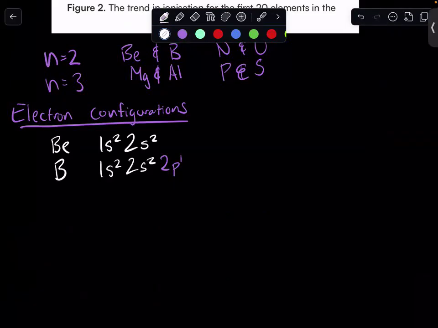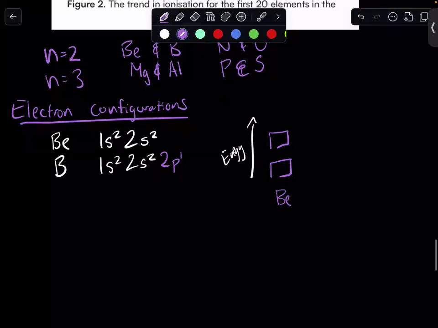Now we're going to use an energy level diagram to describe these. Energy. I'm going to write beryllium in purple, and I'll do boron in blue, and I'll put them next to each other. And so what we're doing is our orbital diagrams.